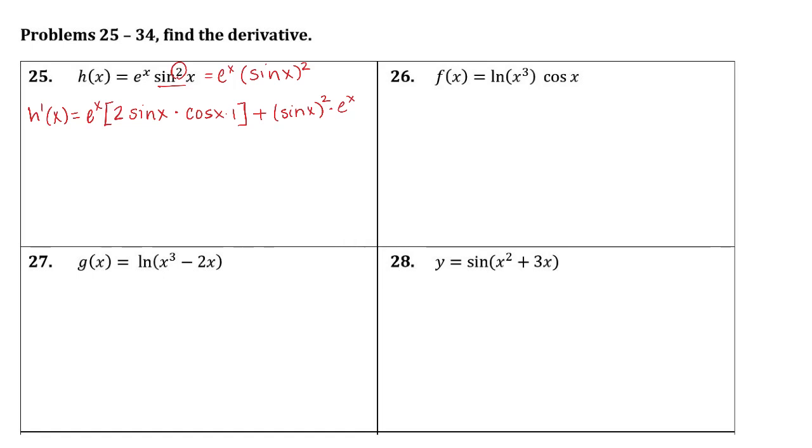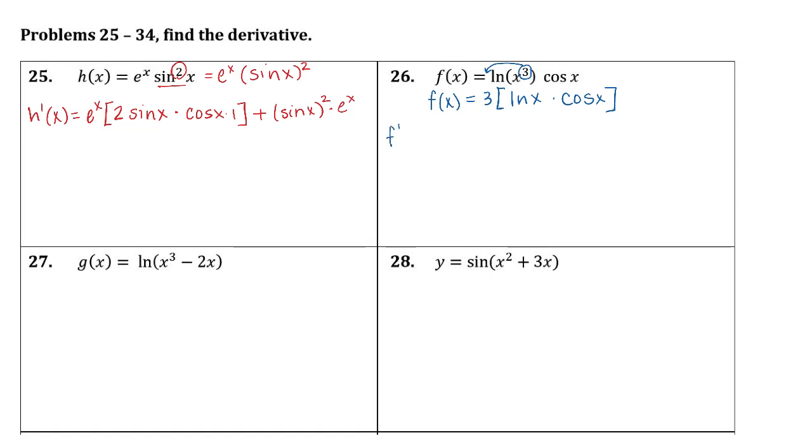Okay, for this one, we do need to do a little bit of rewriting to simplify this a bit. Here that 3 can move down to the front, and that's going to make things a bit easier for us because we would have 3, and we can think of that as times natural log of x times cosine of x. And that does make our derivative a bit easier.